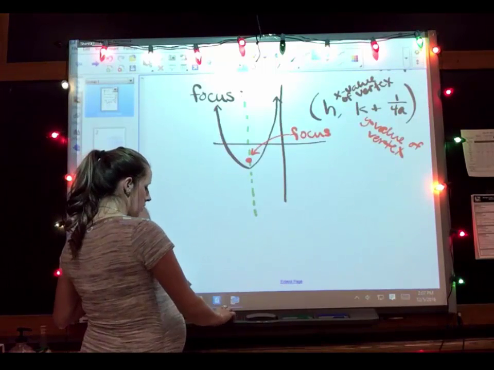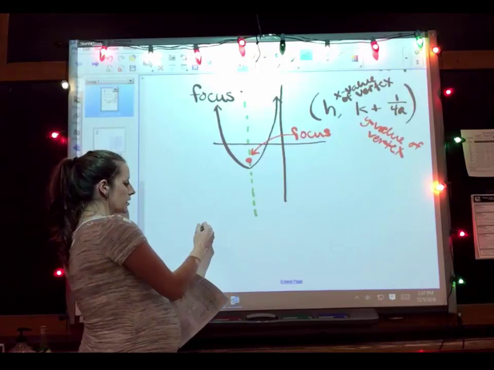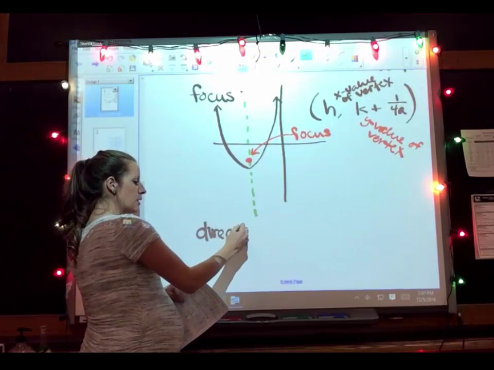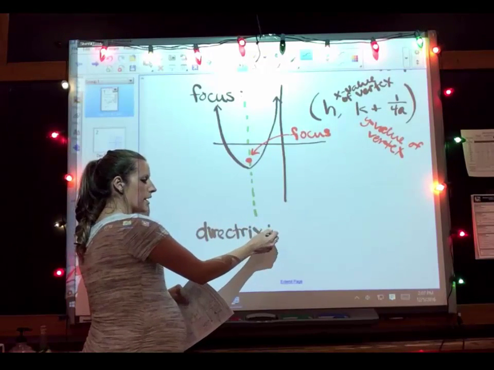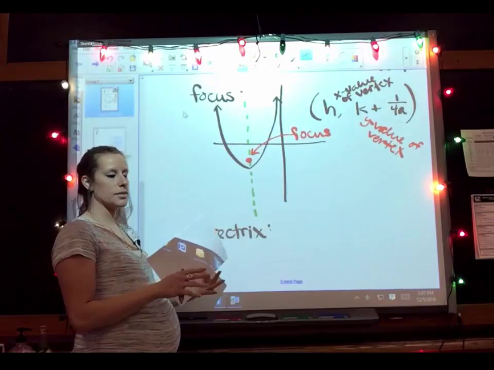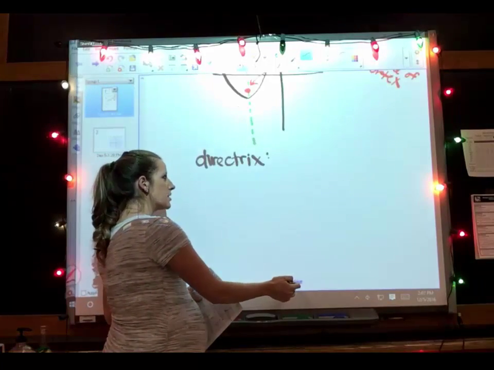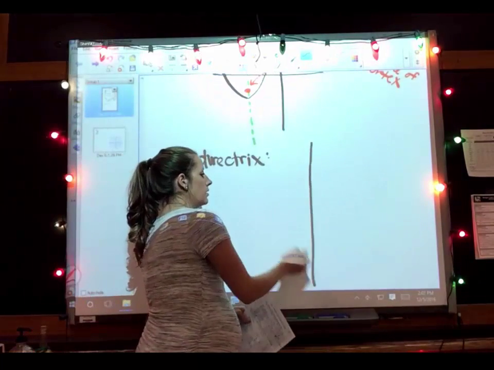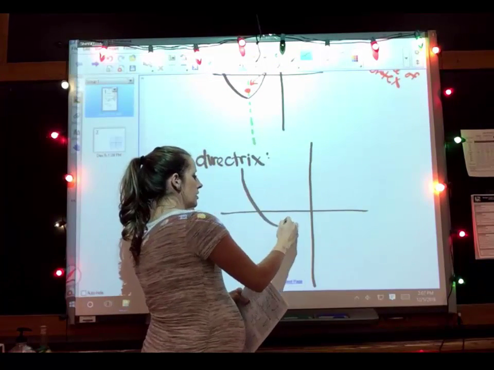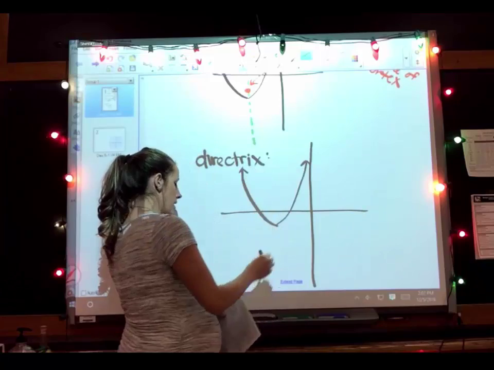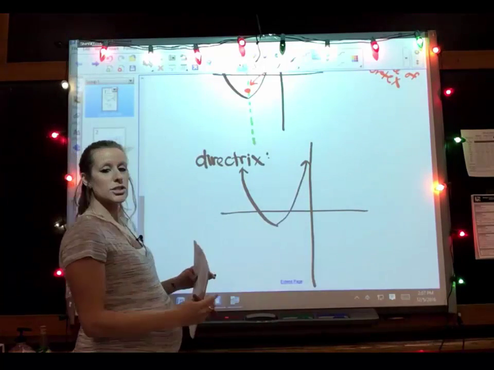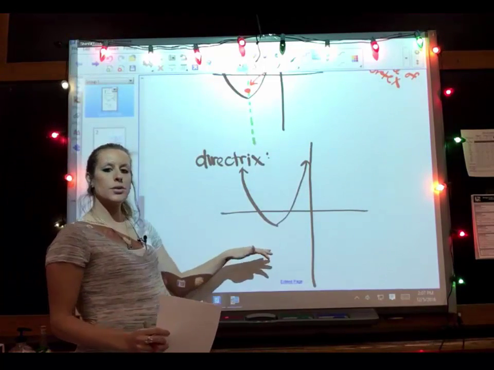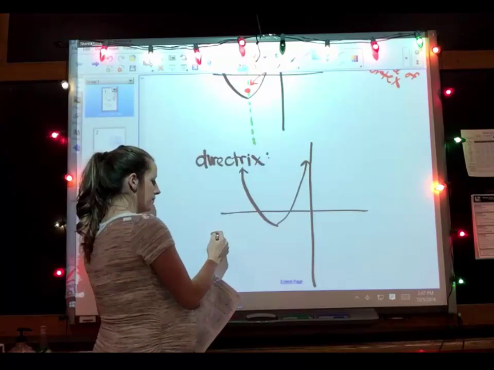The next one is a directrix. Same with this one, you're going to be using this more in pre-cal with ellipses and hyperbolas, stuff like that. But your directrix, if I have a parabola that looks like this, is going to be below the parabola. It's a line.